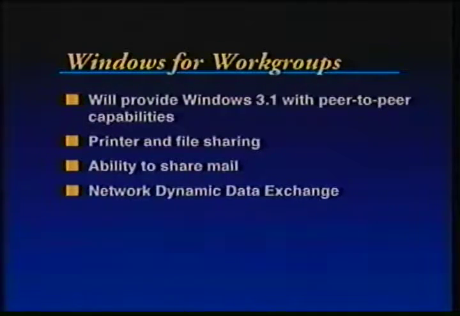In addition, it can access printers and files that are out there either in a LAN Manager environment or in the Windows for Workgroups environment. So in other words, if I have a partner that I work with on a lot of projects, we can store our common files on one user system and have us both access them.